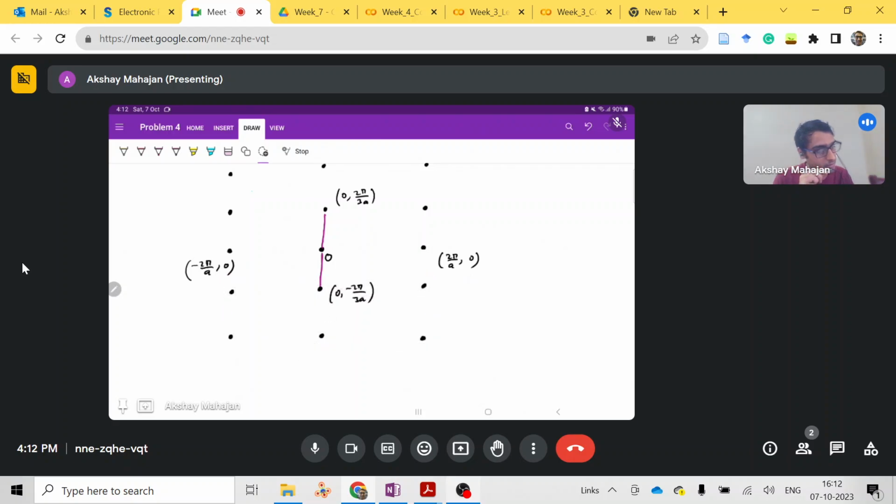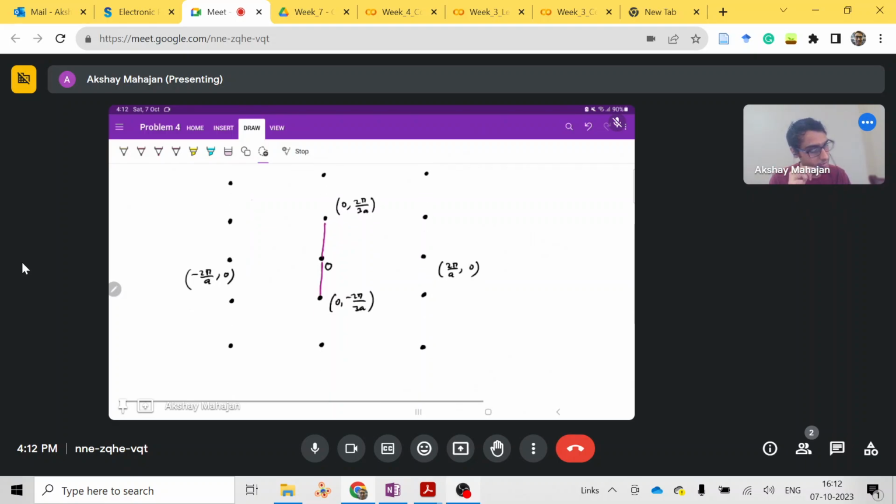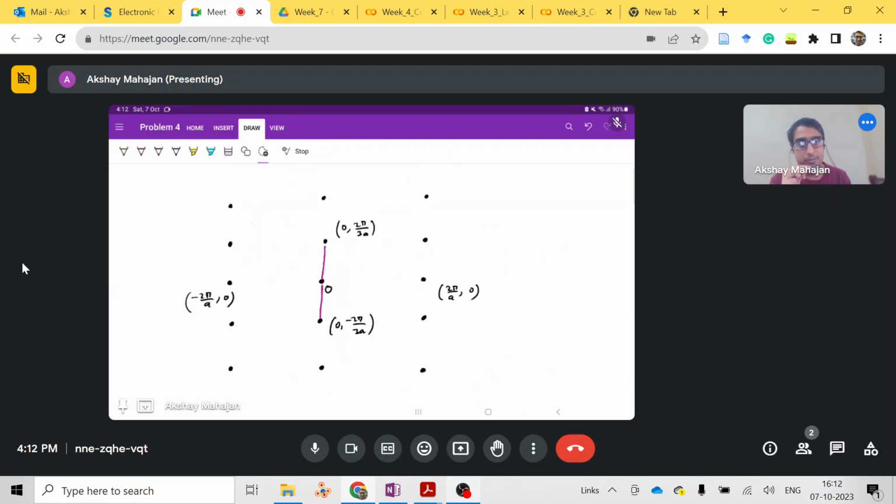Okay, now the lattice looks a little okay, I guess.